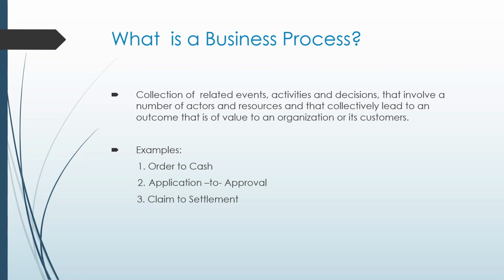Okay. So here the most important aspect is the outcome that should be of value to the organization or for the customer. So you can have processes, good, but not every process can be called a business process. Why? Because the outcome is important here.